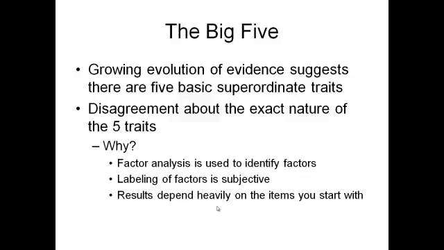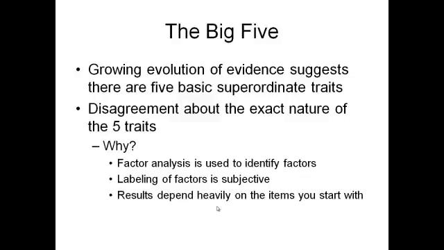Also, don't forget the same problem we talked about before with factor analysis in general. It depends on what you start with. Garbage in, garbage out. In other words, the items that go into your factor analysis should be relevant to what you're trying to study, and it should be a complete list rather than an incomplete list.